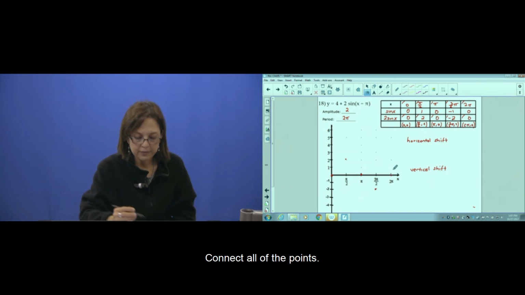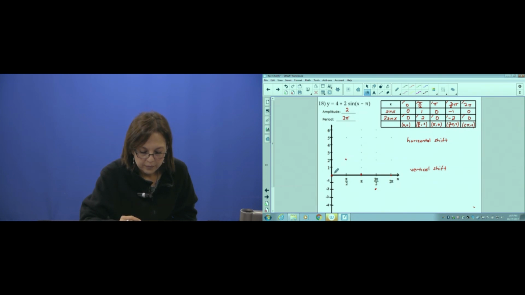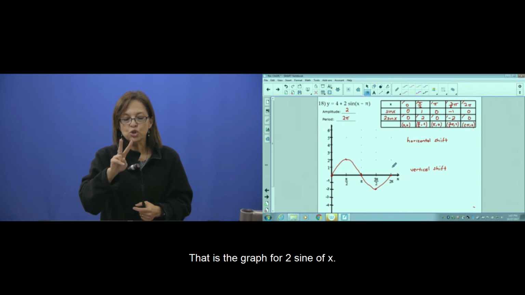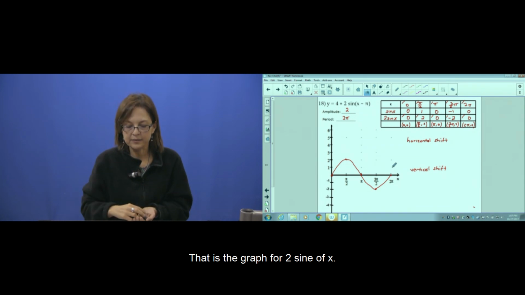Connect all the points. And that is 2 sine of x.